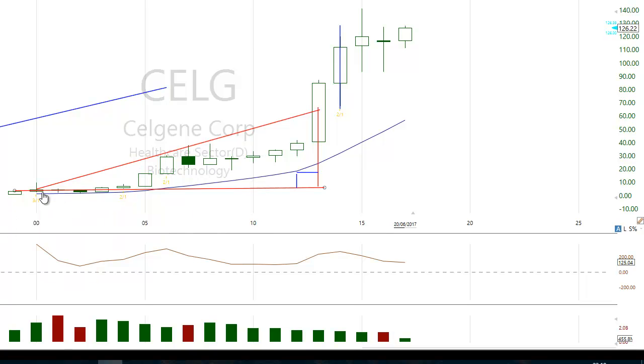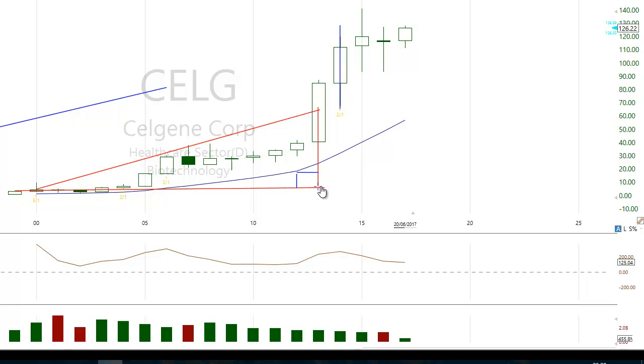I just draw a line like this. That's the line that is very important for me, from the closing price here connected to this high here, and I have the diagonal price move. Then I draw a horizontal line like this, up to the point where the price starts going vertical.